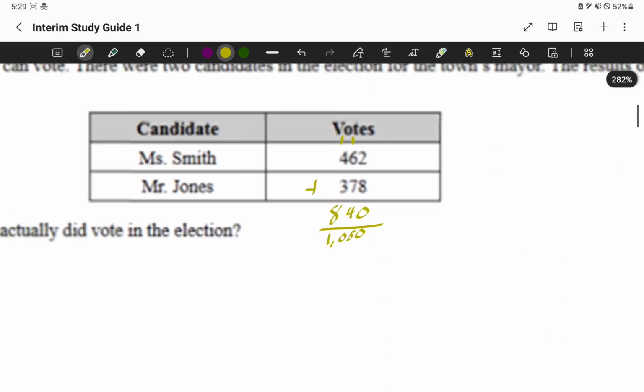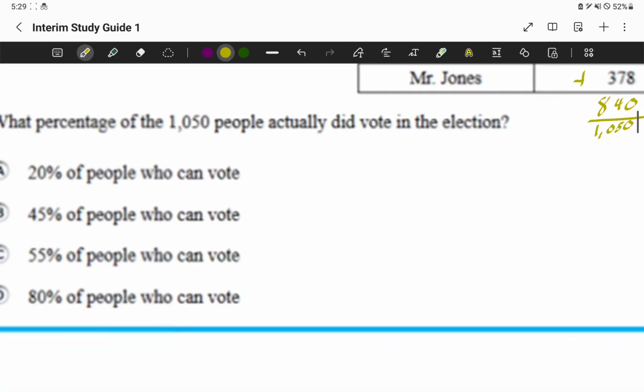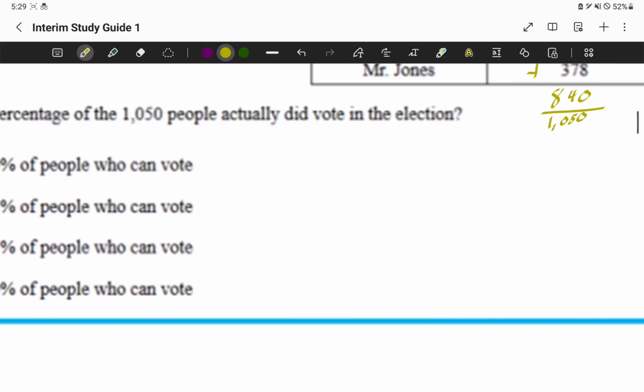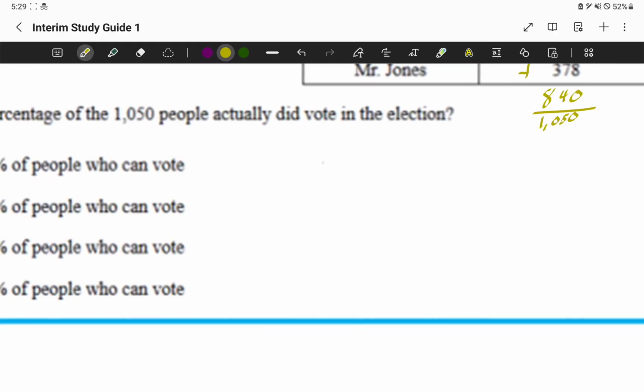Well, when we look at our answer choices, we got 20%, 45%, 55%, and 80%. Well, 800, just using a little bit of common sense. 1050 divided by 2, well, 10 divided by 2 is 5. 50 divided by 2 is 25.